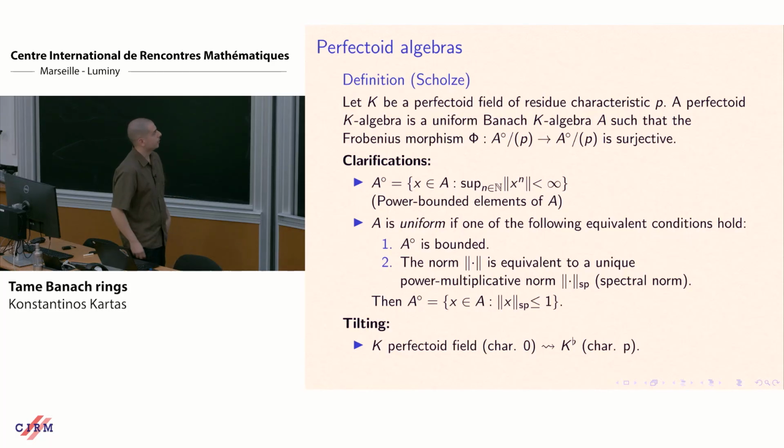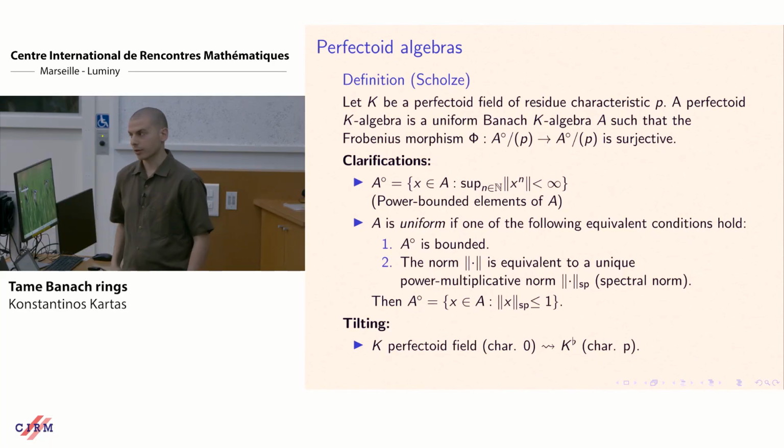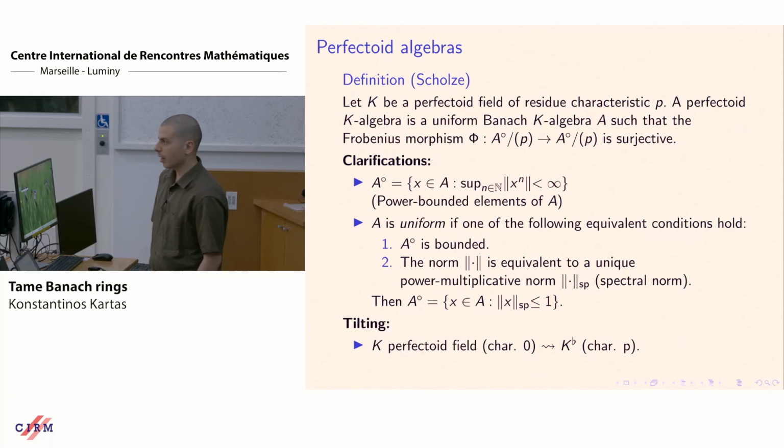Now the entire point of this perfectoid business is that essentially you have a way to associate objects of characteristic 0 to associated objects of characteristic P, and there's a very close connection between the two sides. So for instance, if you start from a perfectoid field of characteristic 0, then this tilts to a perfectoid field of characteristic P. And then you have some nice theorems like the Fontaine-Wintenberger theorem, which says that the absolute Galois groups are isomorphic.